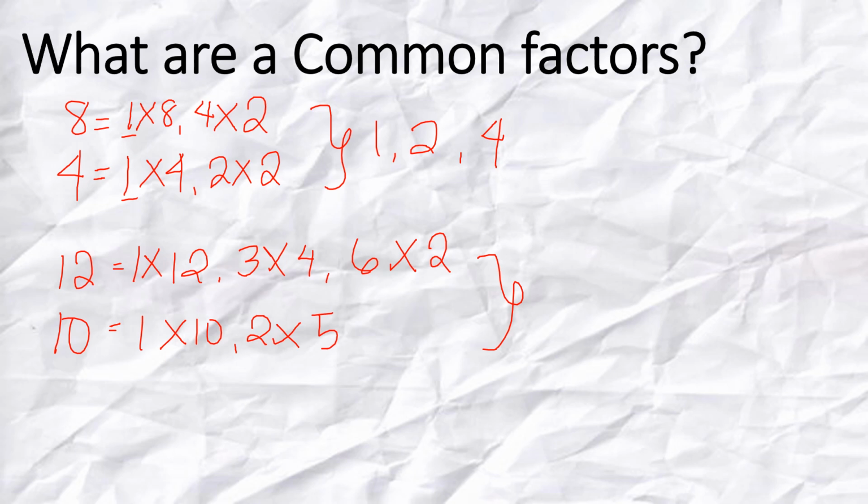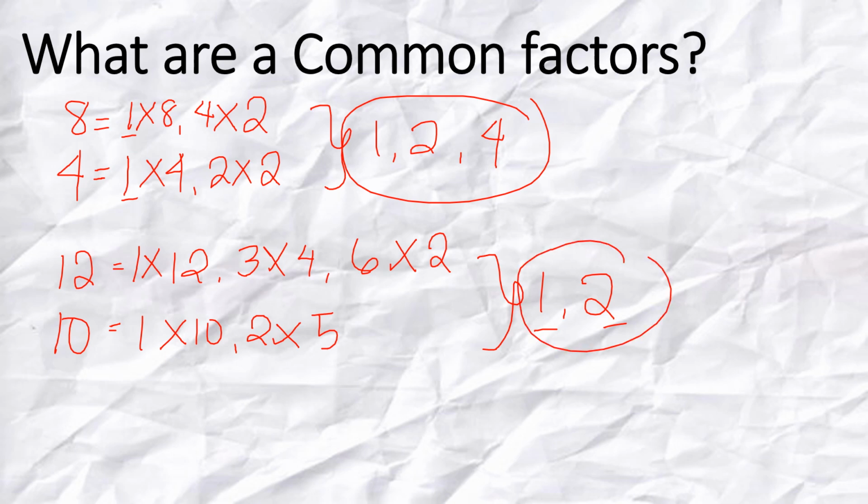If we list down again the factors that they share, we have the 1 and we have the 2. So these are the common factors of the numbers 12 and 10, which are 1 and 2. So that is how we get the common factors. What we did here is we listed down the factors of the given numbers so that we can determine the common factors of each.